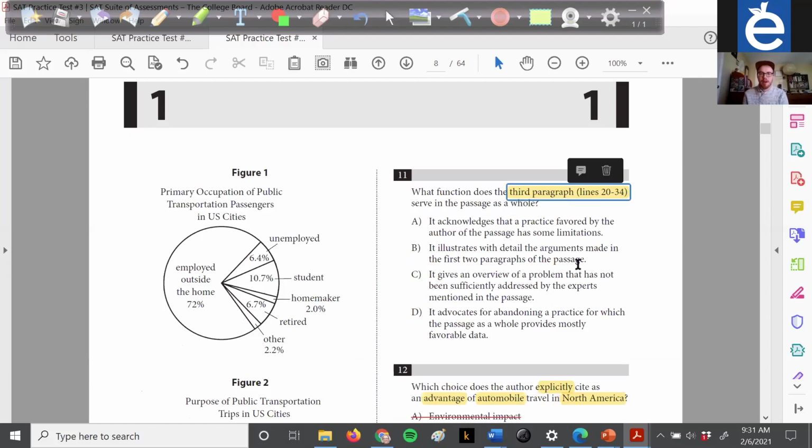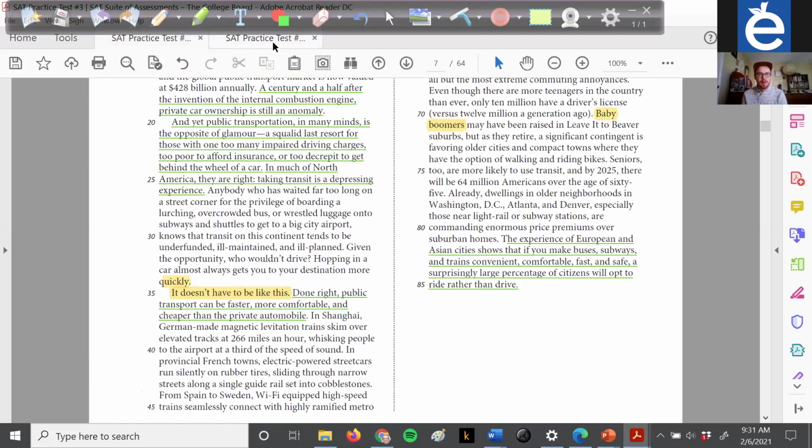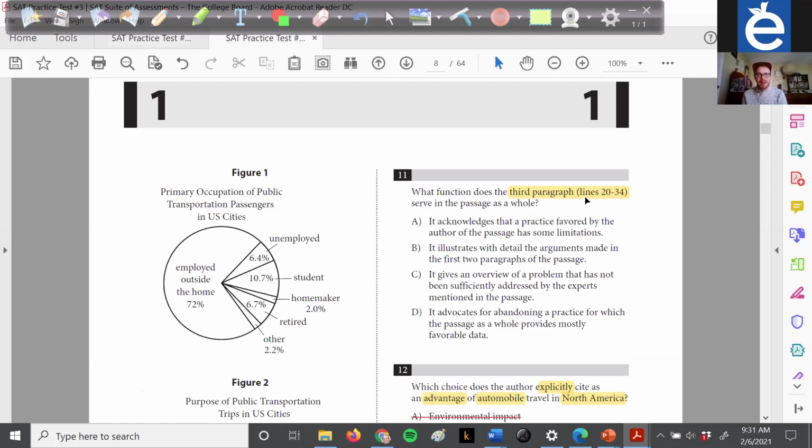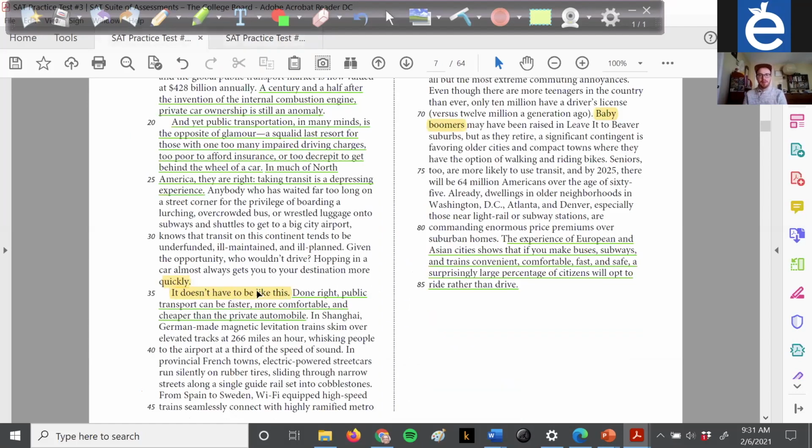Let's look at our third paragraph before we get to the fourth one. Now remember, they're asking us for the main idea of the third paragraph, but also its service in the context of the whole passage. So we have some idea of what the whole passage is doing, right?